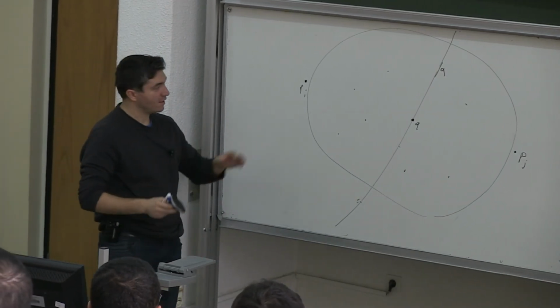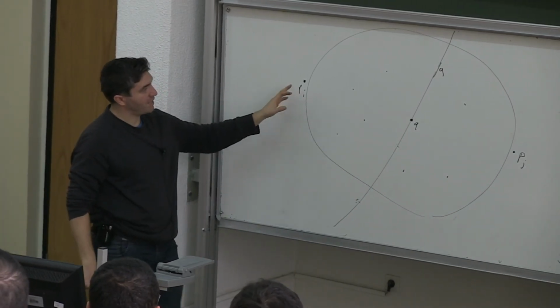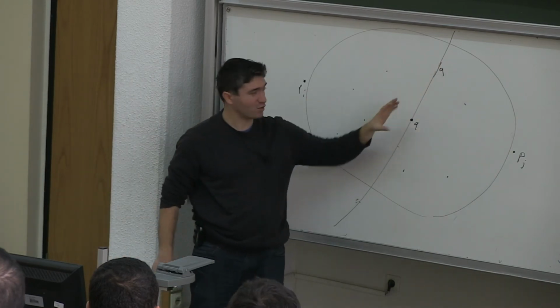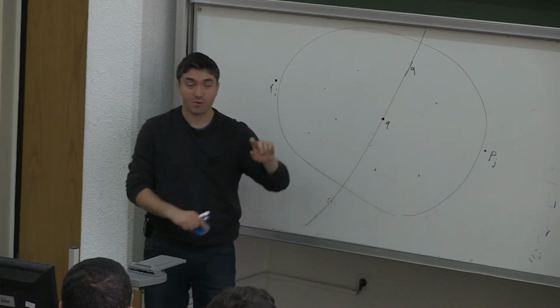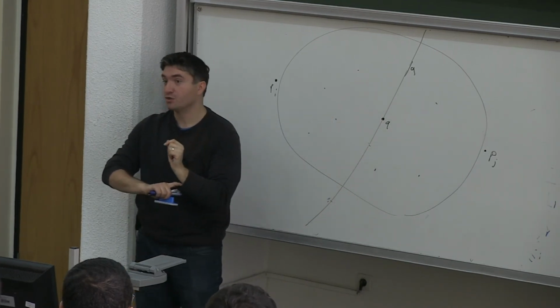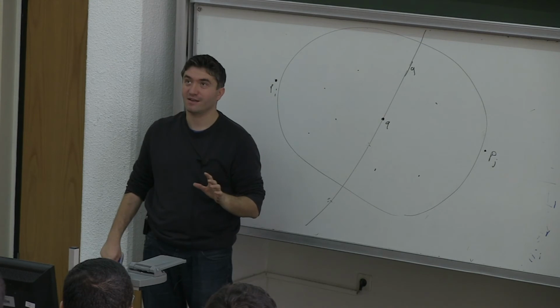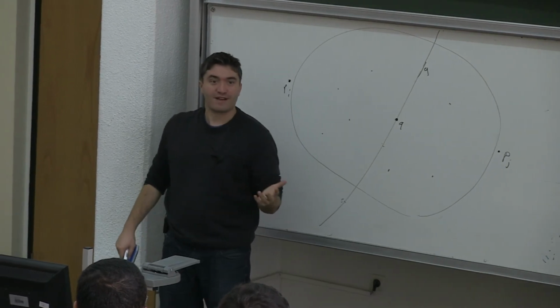So in order to be an edge, this edge is going to contain points equidistant to Pi and Pj, and those equidistant points should not be closer to any other site.